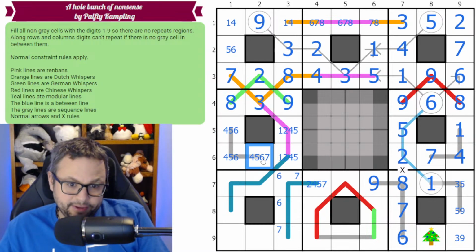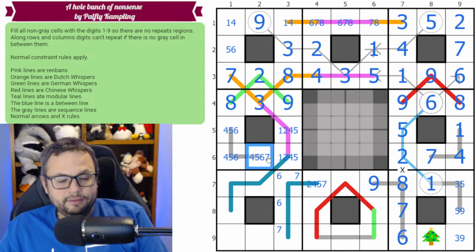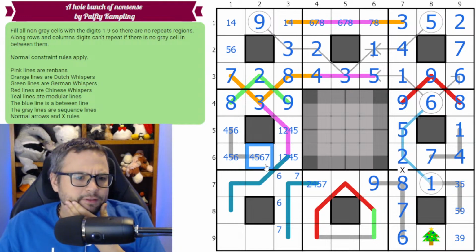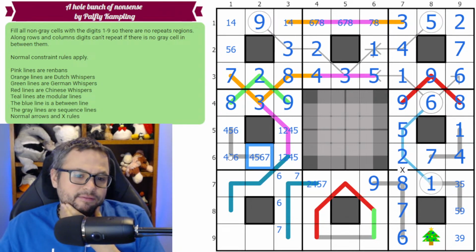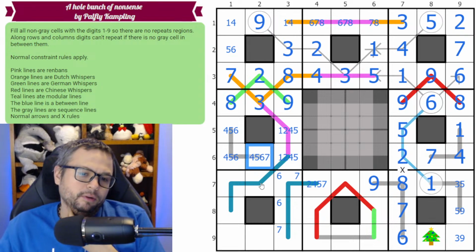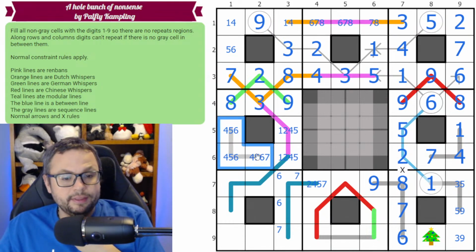Okay, so 7. 7, 6, 5 seems fine. But 7, 5, 3 is already too small. So I think this is either 4, 5, 6 or 5, 6, 7. And either way, it doesn't have a 5 on it, is I think what I am learning out of this.